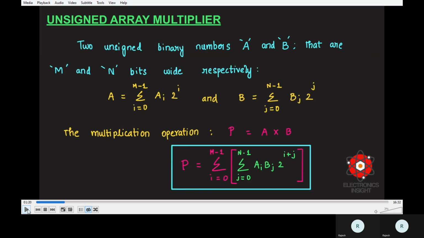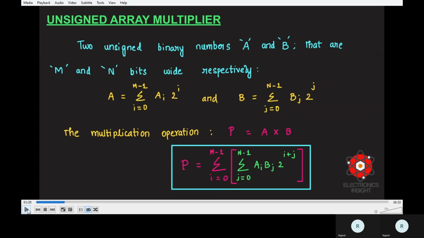And what is the multiplication? The product term is nothing but A cross B, which is written as sigma i equal to 0 to m minus 1 into sigma j equal to 0 to n minus 1 ai into bj into 2 power of i plus j. So this is the mathematical notation. Based on this, your final product term, if m is equal to 6 and n is equal to 4, will be a bit value of 10 bits, P9 to P0.